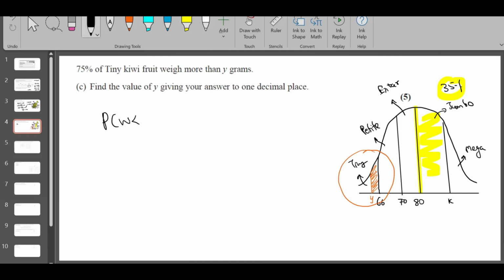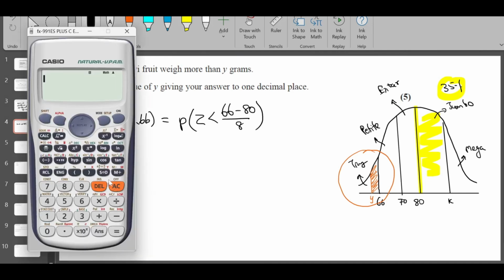P of W is less than 66. We need to calculate this. Z is less than x minus mu over sigma. So that's going to be 68 minus 18 is 14 over 8, 1.75.